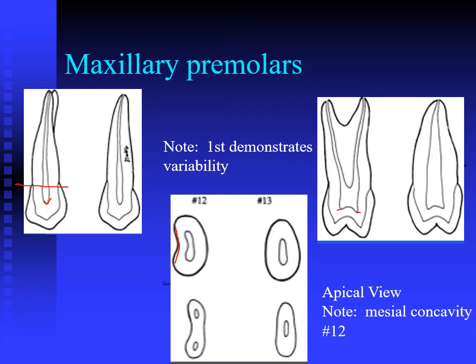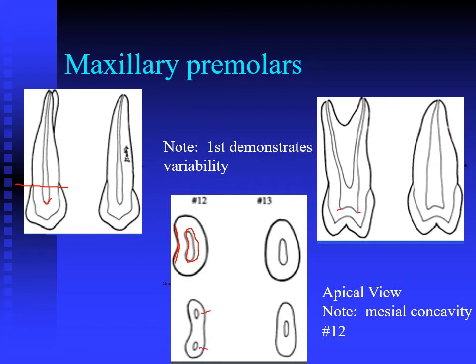So with that proximal root depression being quite prominent, making the tooth look kidney bean shaped, there is a high frequency of either one ribbon-shaped canal in the root as we go apically into the root canal system, or two canals, as you can see here further down in the root.